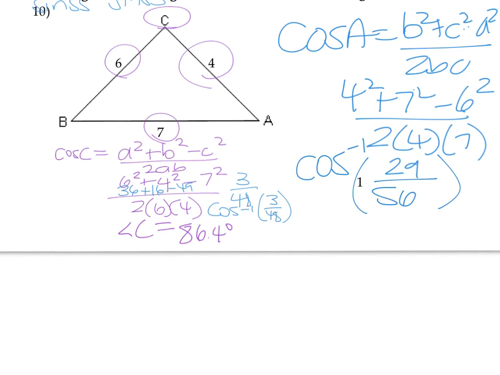And I would get angle A is 58.8 degrees. And the directions said to round to the nearest degree. So angle C would be 86 degrees. Angle A would be 59 degrees. And then if I add those and subtract them from 180, I get angle B, which is 35 degrees.